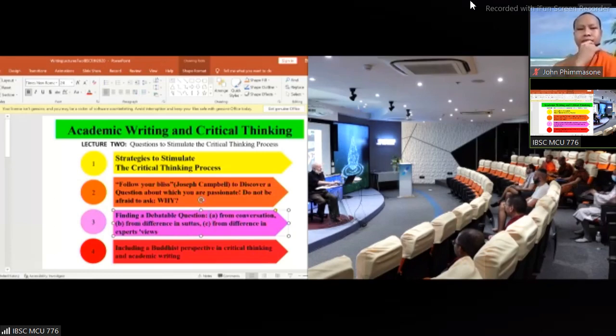Another way, B, is from differences you see when you read sutta. You might read a sutta from the Majjhima Nikaya, and then you're reading something in the Abhidhamma that looks like it changes that meaning. Or from differences in experts' views.